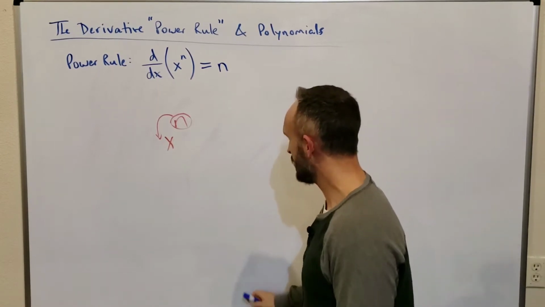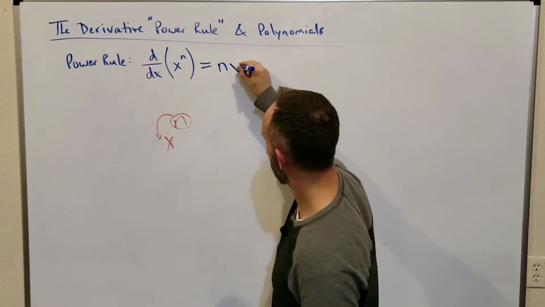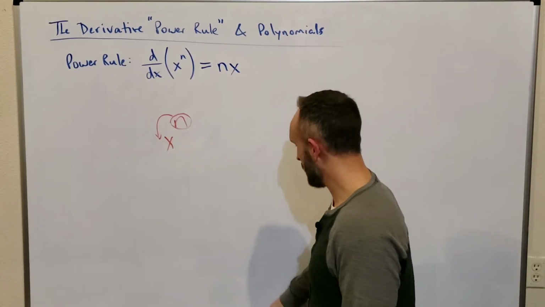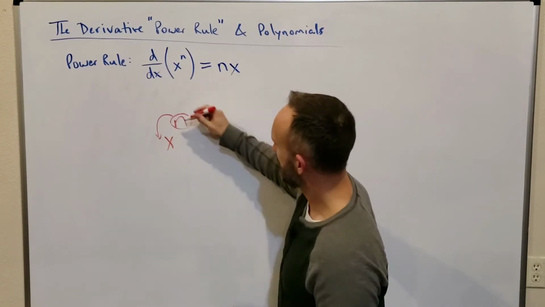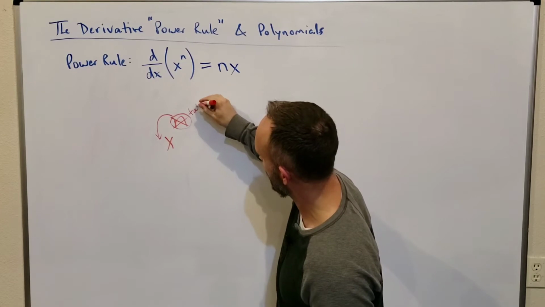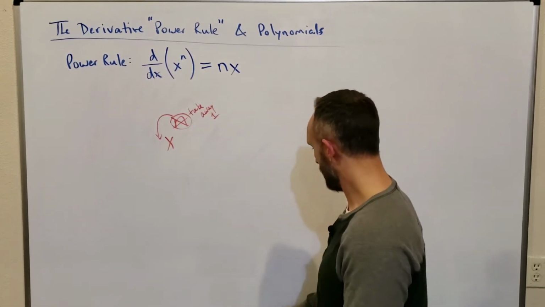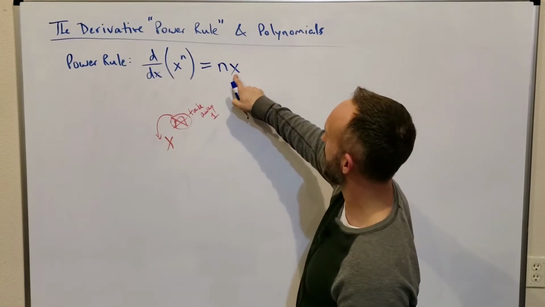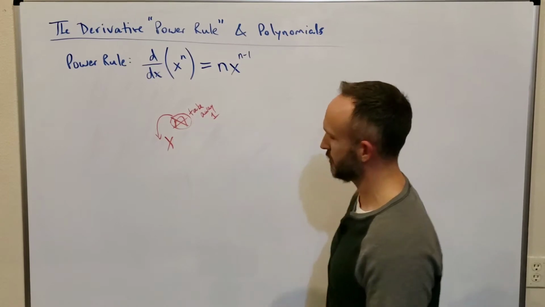And then you have n times x, and when you move the exponent down, the exponent here decreases by 1. So you take away 1 from the previous exponent. The exponent is now 1 less than what it was before, so it's n minus 1 as your exponent.